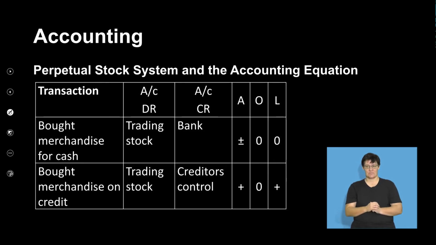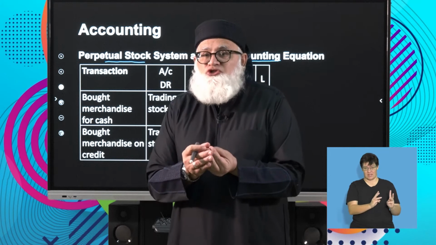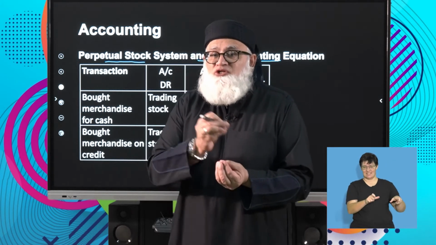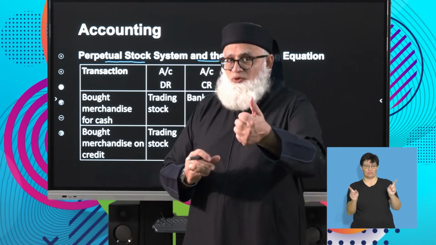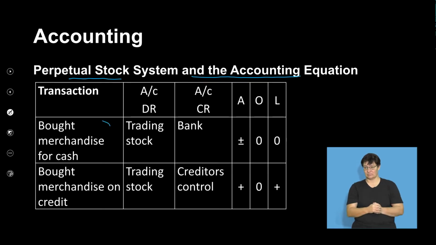With the perpetual stock system, and how it impacts on the accounting equation. Let's take an example, and I'm going to do it in a different way to highlight to you the difference between the two systems. Number one, bought merchandise for cash.